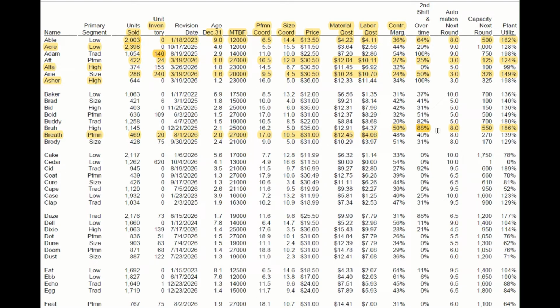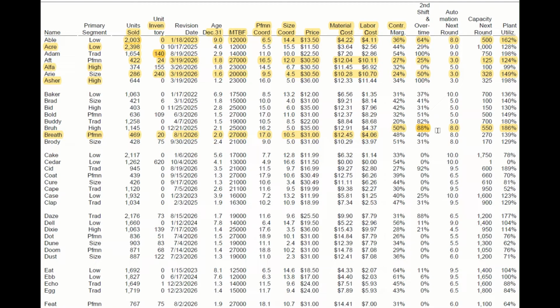The key is that the GM for this product could even be higher, because notice we're running 38% above second shift. So the production manager needs to look at page 4 of the Courier report, specifically the material cost and labor cost, and determine what to do to get that margin to at least 30%.